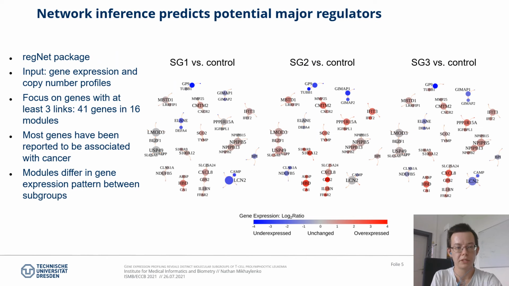Then we learned a regulatory network with the RegNet package based on gene expression and copy number profiles, and we got here a network of highly connected genes, with at least 3 links to other genes, that were comprised in 16 models. Most of these genes have been reported to be involved in cancer development, and many of them in leukemia development.